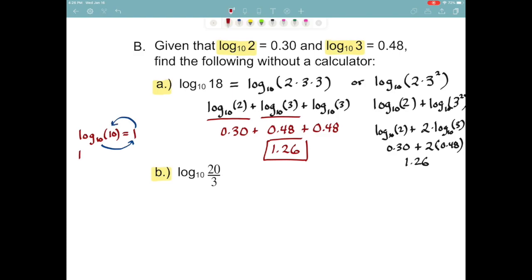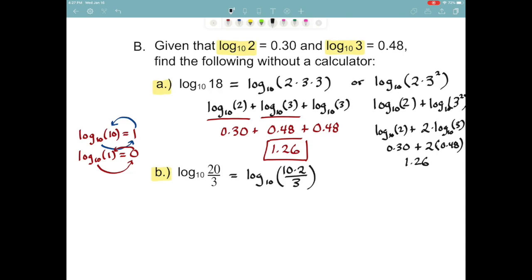We could also conclude here that log base 10 of 1 should equal 0, because 10 to the power of 0 should equal 1. So that's just a couple additional ones that we have available to us. And that helps us with this one, because log base 10 of 20/3 could be rewritten as log base 10 of 10 times 2/3.